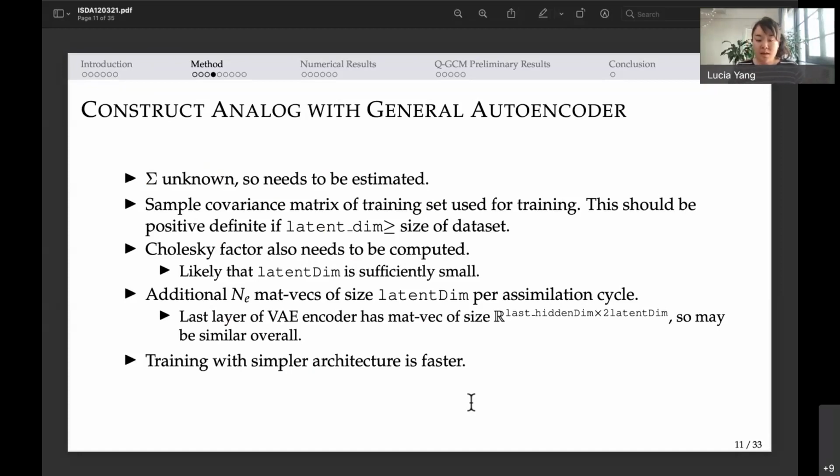So at the end of the day, they turn out to be pretty similar in terms of how much it costs to apply this within data assimilation. But one definite benefit is that training a general autoencoder is faster because it has a simpler architecture. So those are the different trade-offs between using a variational autoencoder versus a general autoencoder.